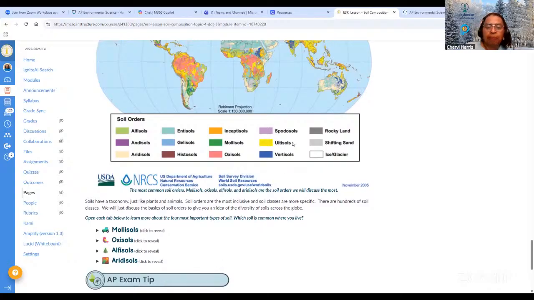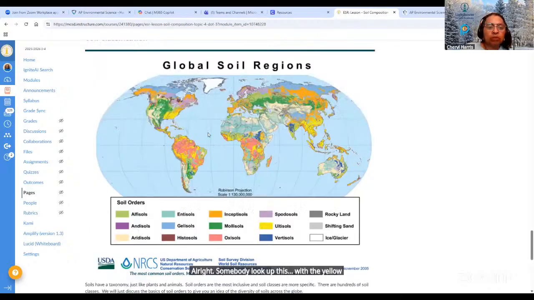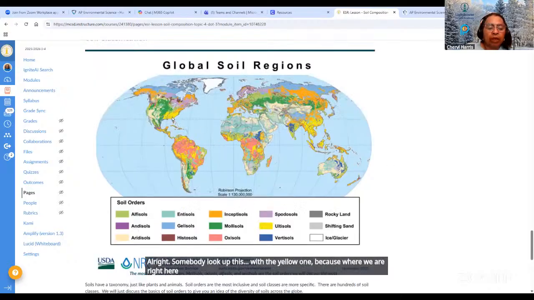All right. Somebody look up the yellow one, because where we are right here in the south of the United States is kind of yellowish. Somebody look this one up and tell me what kind of soil that is.